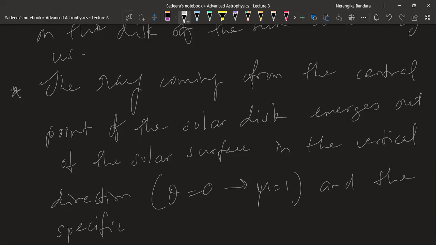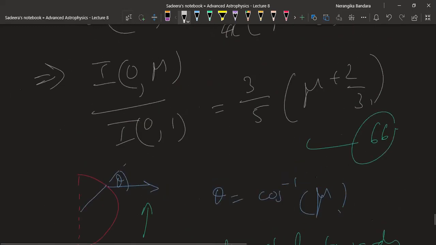And the specific intensity will be I01. Okay, so we are just considering, well, let me draw it here.